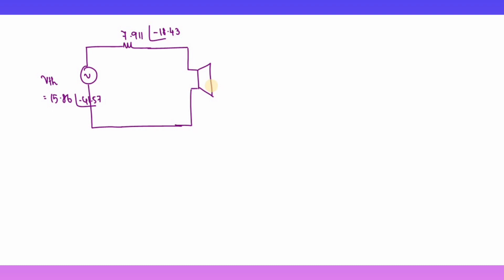So I need to convert this polar form to a rectangular form. Okay, so if I convert this one, I will get this one is equal to 7.5 minus j2.5.